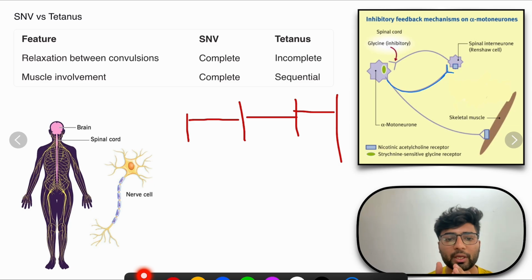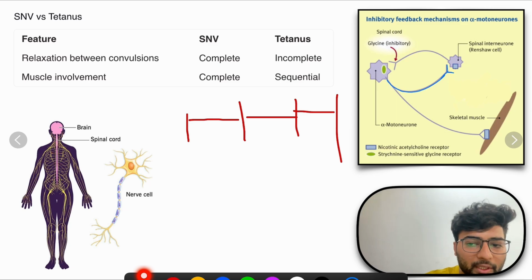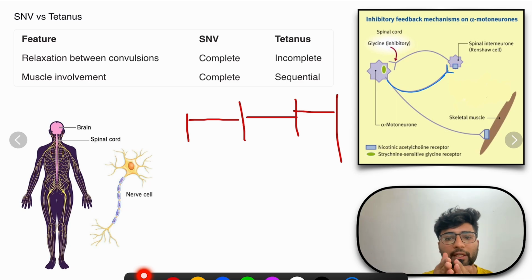It cannot be unbound. While strychnine can accumulate at the spinal cord, and it also dissolves when its concentration decreases. So we have complete relaxation between two convulsions, while in tetanus there is incomplete relaxation. There is no relaxation, right?